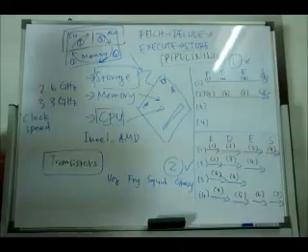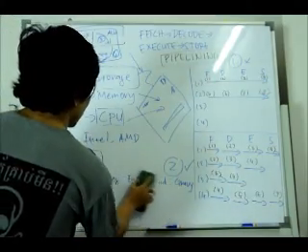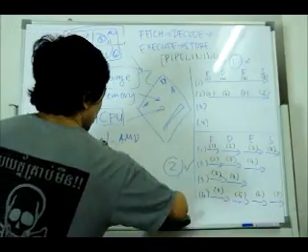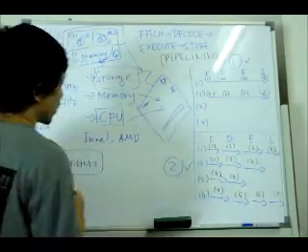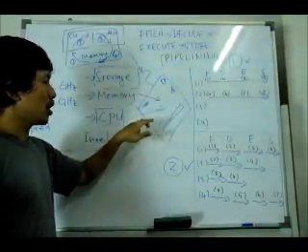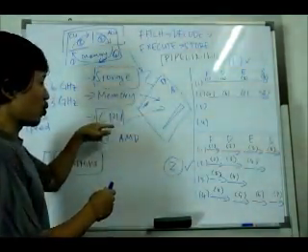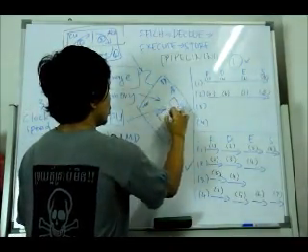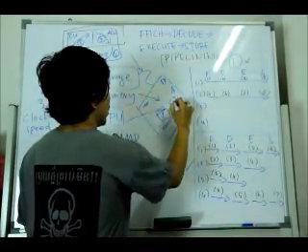Other than that, we have this concept called parallel processing. Computing has become so advanced nowadays that there are certain motherboards which can have more than one CPU. For example, two CPUs, 1 and 2.